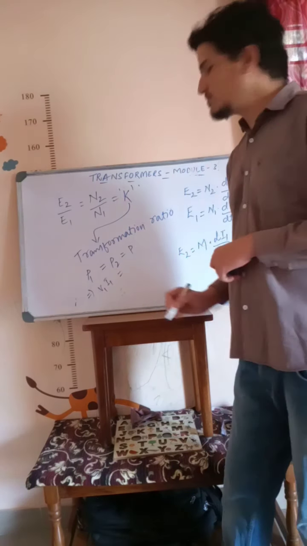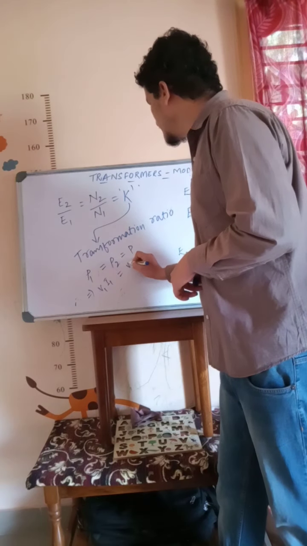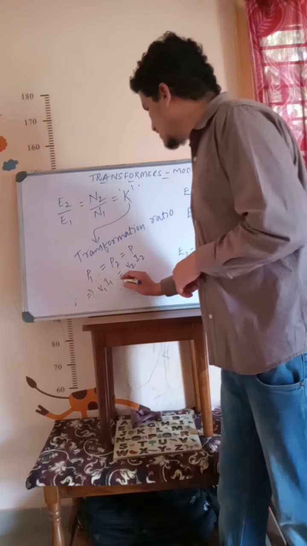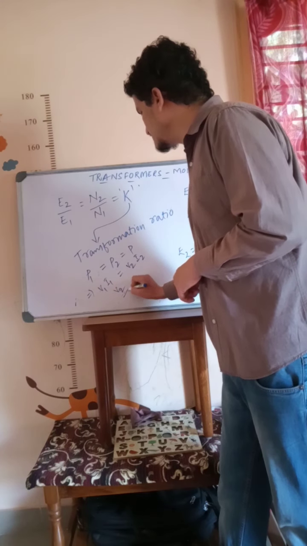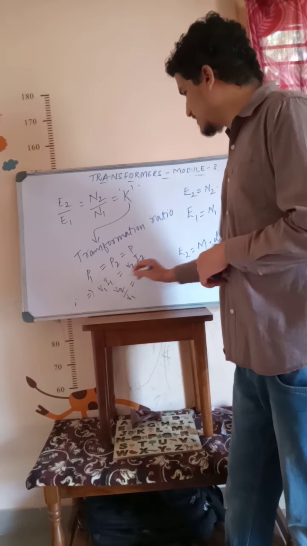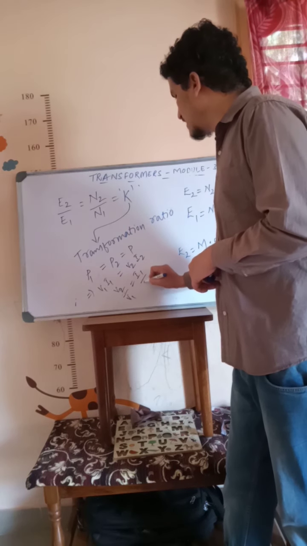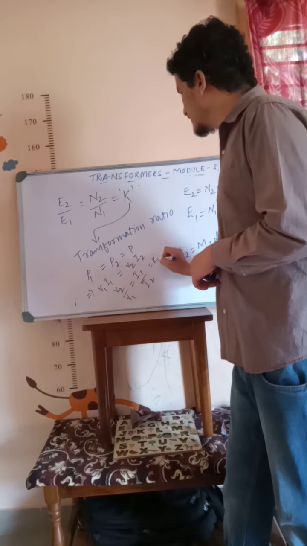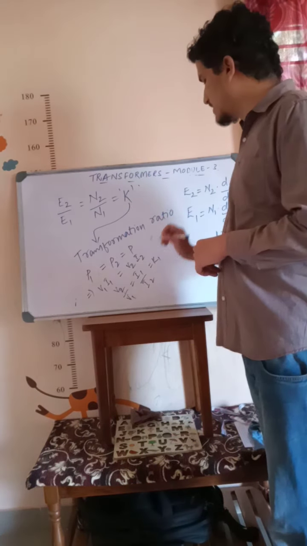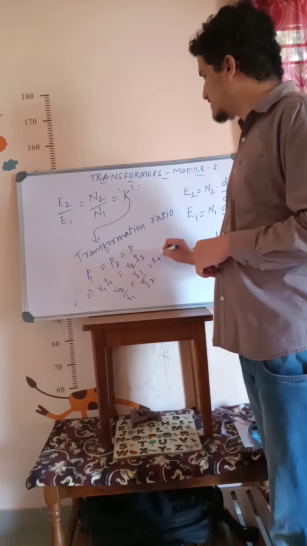And P2 is equal to V2 into I2. Is it right? So what is V2 by V1? V2 by V1 is equal to I1 by I2 is equal to K. The ratio of I1 by I2 is also K. What is this K? Transformation ratio.